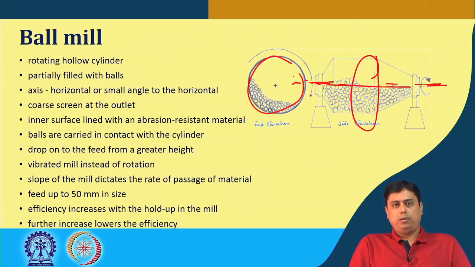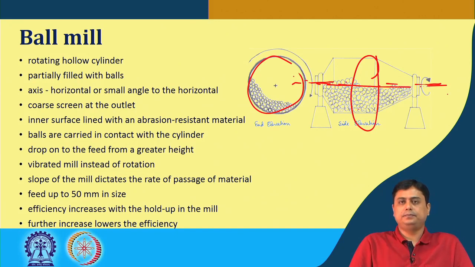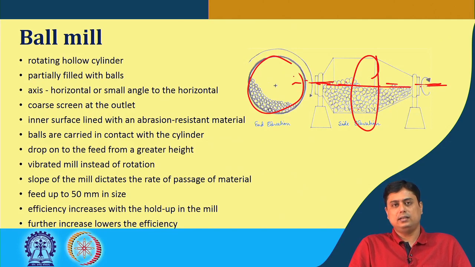Now, the slope of this mill, the reason I mentioned that it can have some angle, dictates the rate of passage of material. It increases the capacity of the equipment, if the slope is such that the material can clearly pass through with ease as it is crushed.